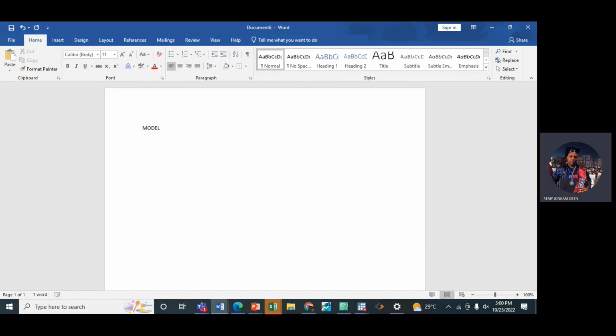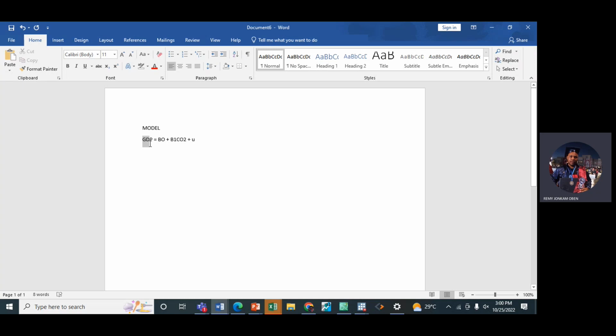So let's assume that this is our econometric model. Assume our model is GDP equals beta 0 plus beta 1 carbon dioxide plus U. That is our model.